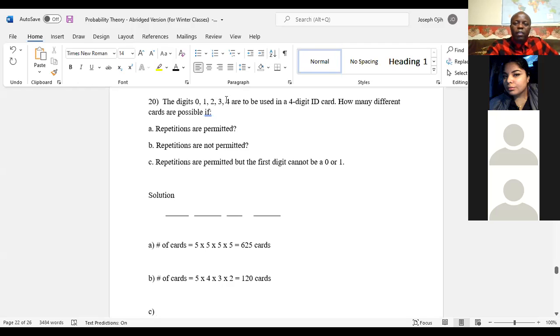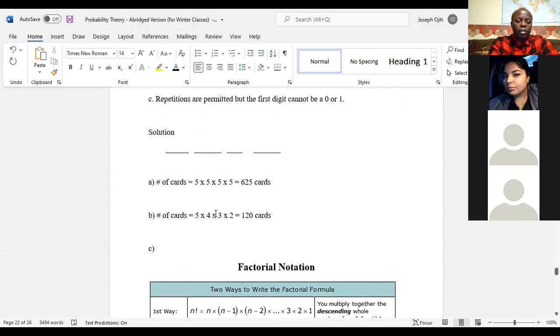So there are only 3 numbers left that can be used in the first digit. So for the number of cards, the first digit has 3 numbers, then the rest is 5 times 5 times 5.